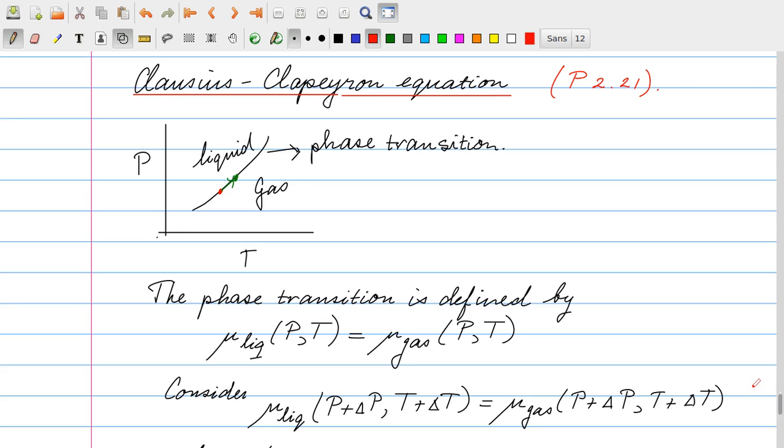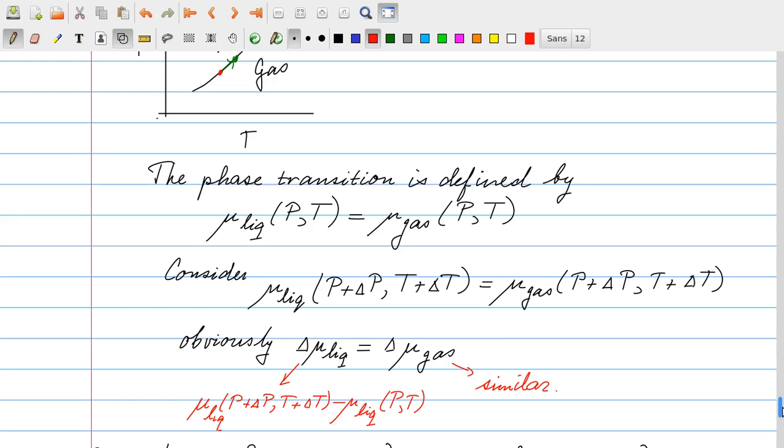Well, in fact, what we can find is a relation for the derivative of P with respect to T. And we do that obviously by performing a Taylor expansion. So the change in mu liquid, when I go from here to there, that's called delta mu liquid.